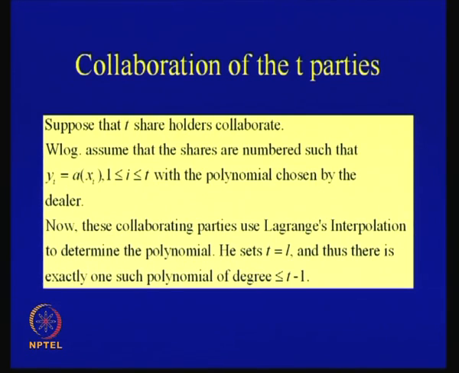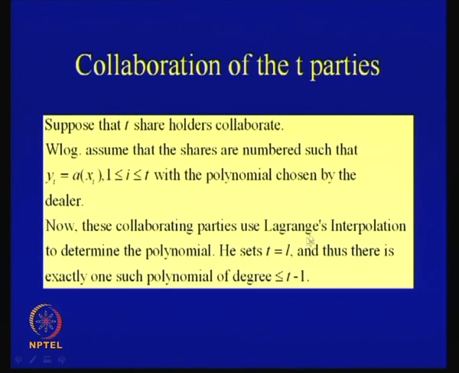Now, you see that if your t is equal to L, as we have seen previously, then there is exactly one such polynomial of degree less than or equal to t minus 1, right. So, that is exactly what the collaborating parties do.